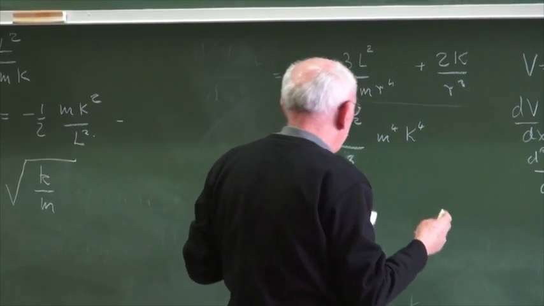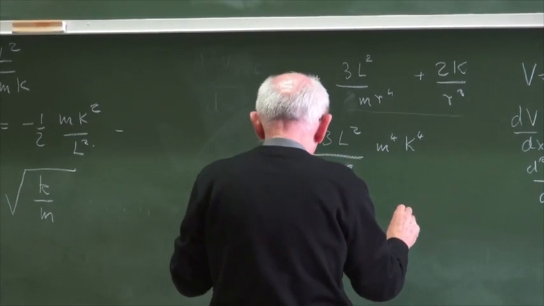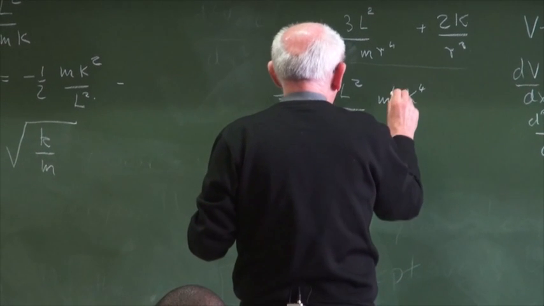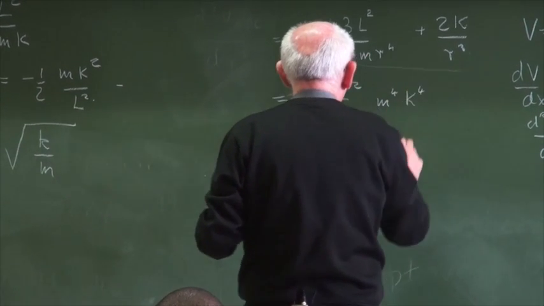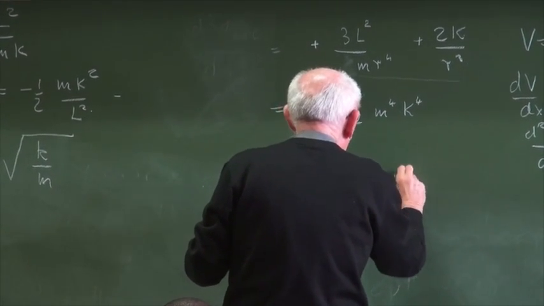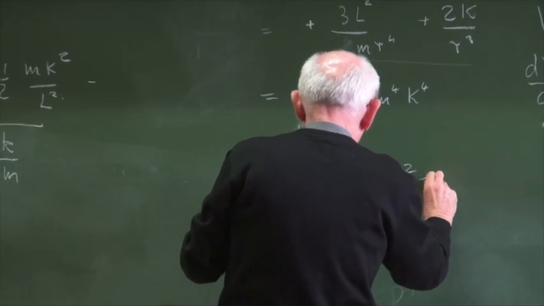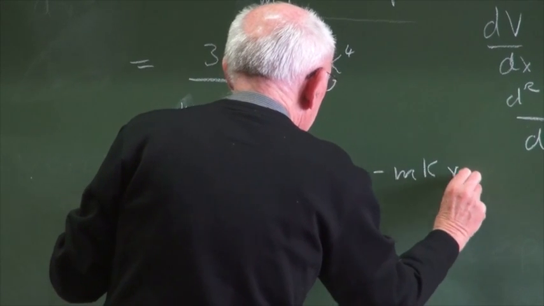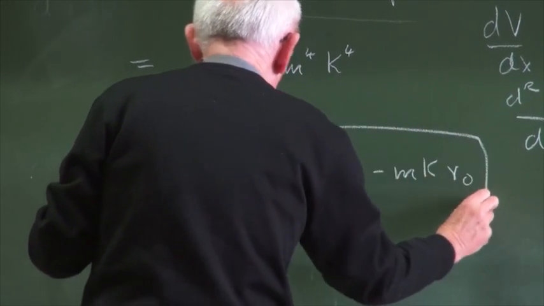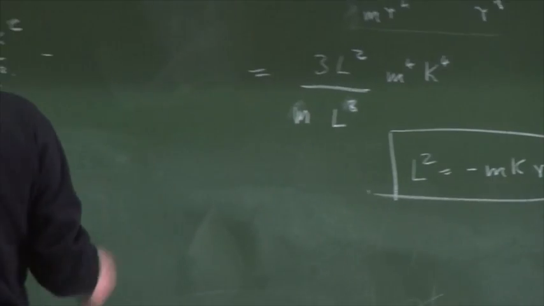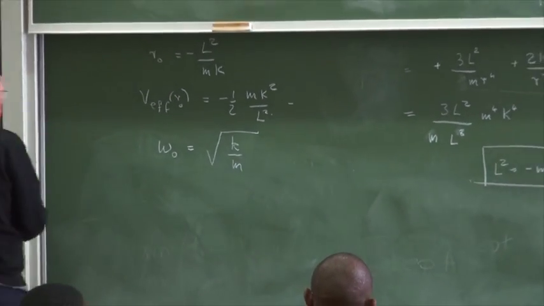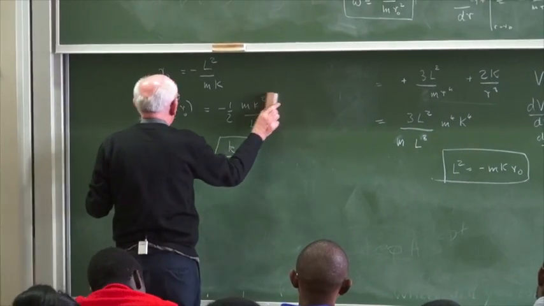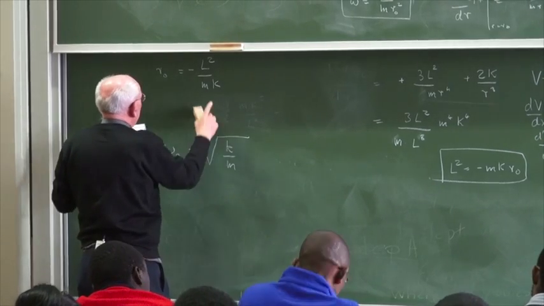I think it's simpler to just insert in this result, we insert L squared is equal to minus mkr0. We take that result and we insert it in there. So that's this result.